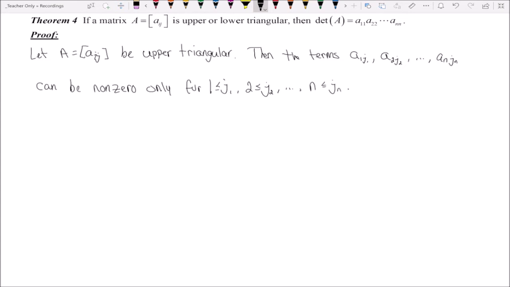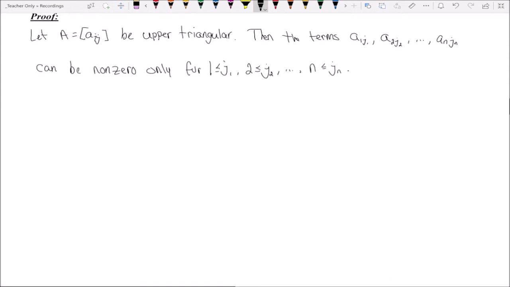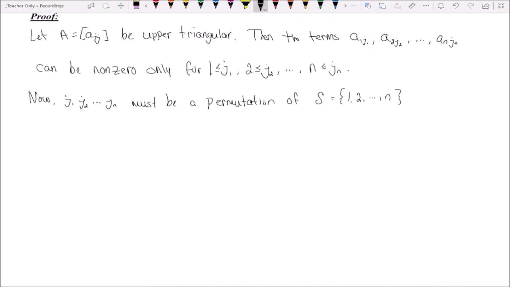Right? These are the terms in the upper part of the matrix. Right, but J1, J2, so on and so forth, Jn must be a permutation of the set S equals the integers 1, 2, up through n.